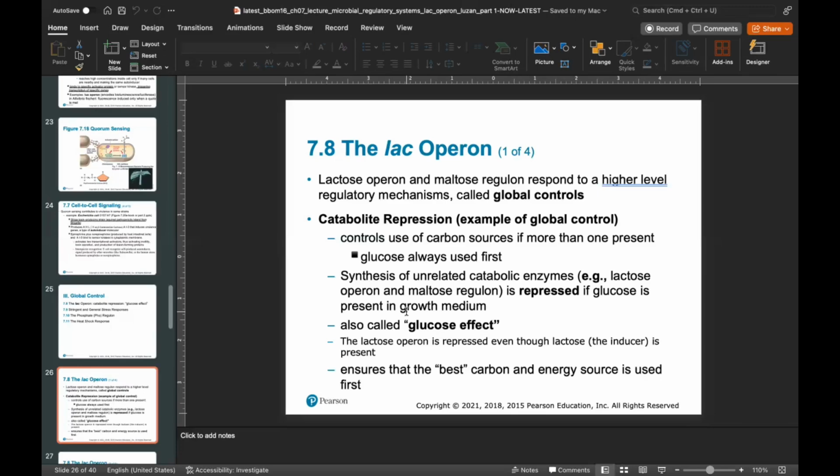Synthesis of unrelated catabolic enzymes, for example the lactose operon and maltose regulon, is repressed if glucose is present in the growth medium, also called the glucose effect. The lactose operon is repressed even though lactose, the inducer, is present, and this ensures that the best carbon and energy source is used first.